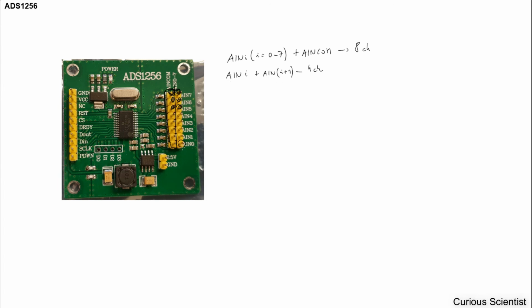If you choose this as the positive, the 0, then this will be the negative. If you flip the polarity in your circuit, it's not a problem because you will get negative voltage. If you choose this as the positive, you have to use this as the negative, and so on. Therefore you will get 1, 2, 3 and 4 channels. So this is the single-ended mode where you have 8 channels, and this is the differential mode.